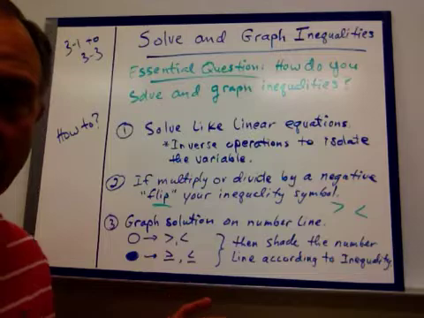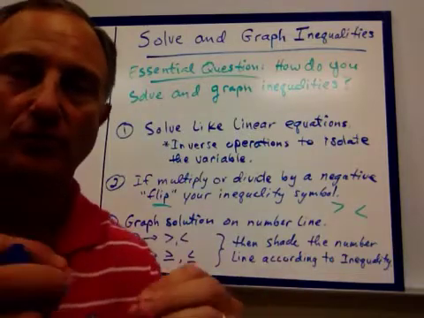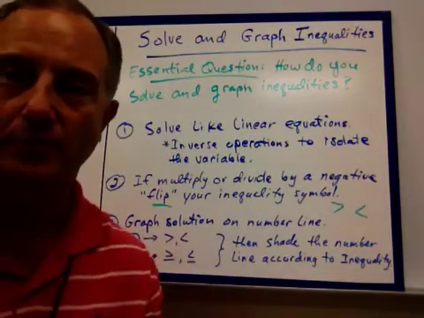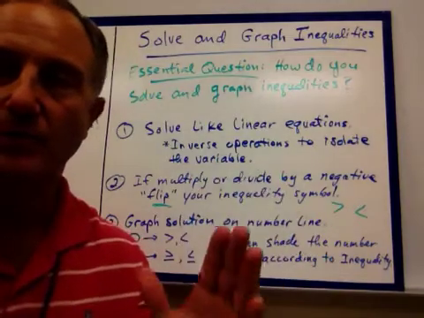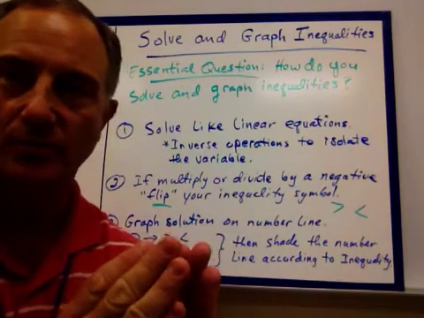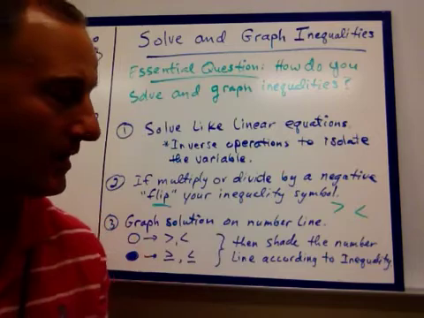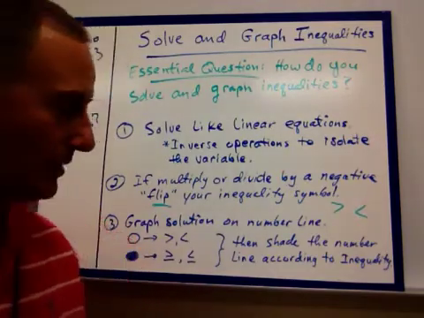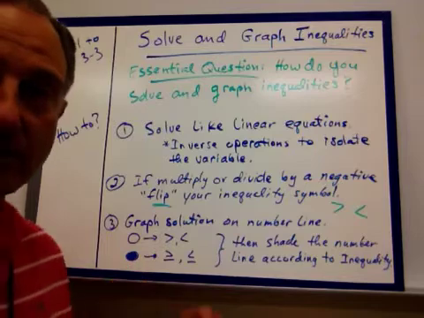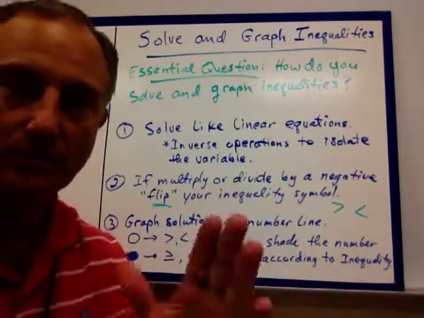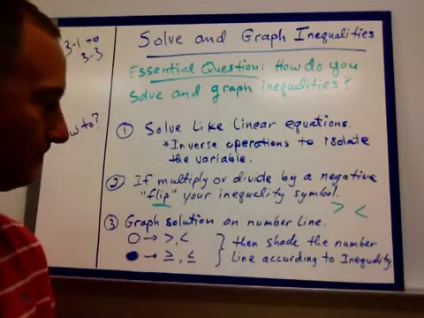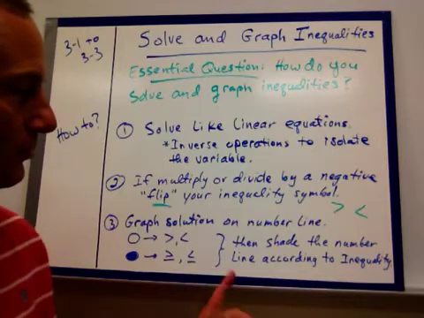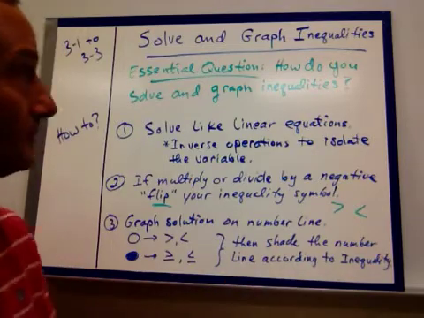The open circle means, if you had x is greater than 2, you would put a circle on 2. That means you can get as close as you want to 2, but you can't equal it. And if it's x is greater than or equal to 2, filling in the dot means you can include that 2. You can take the 2 and everything bigger. So we'll shade the number line accordingly.